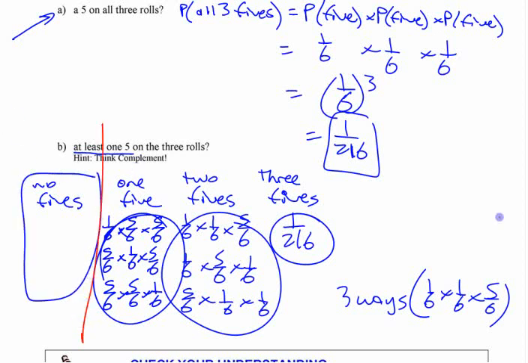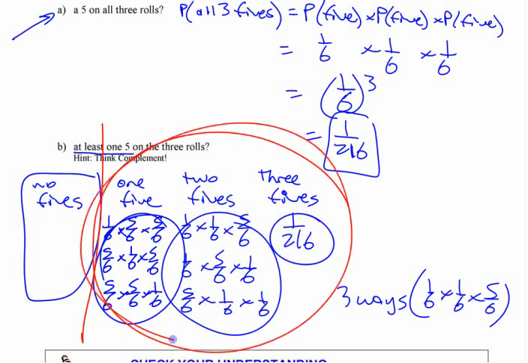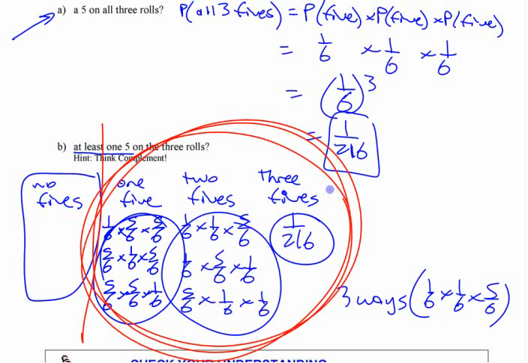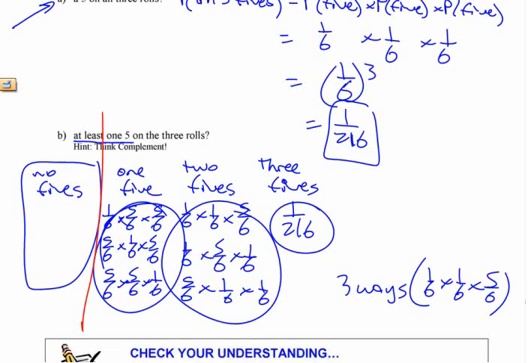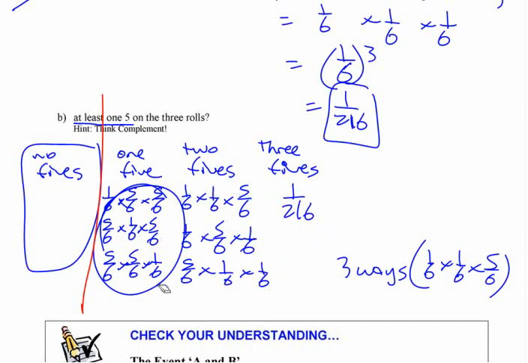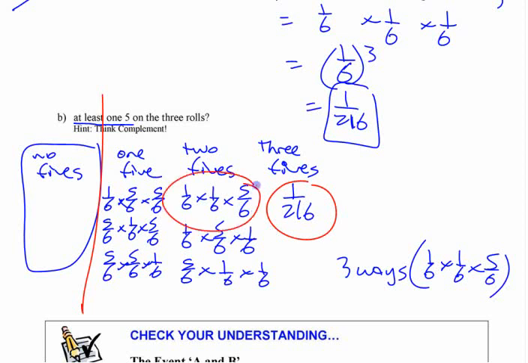The reason I put the word complement in there is because if you're interested in knowing what all of this adds up to, we could figure that out. If you did it the long way, which maybe I should have had you do first, we already worked out that's 1 out of 216.